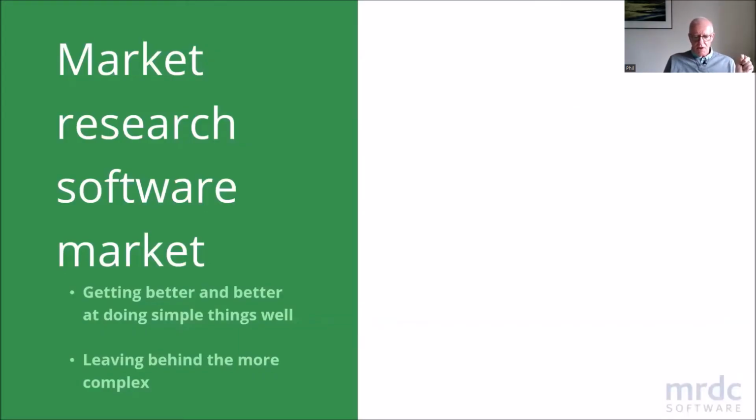So let's look at market research software. I mean, no doubt that it's getting better and better. There's a wider variety of products that are available now. And where it's getting better and better, I feel, is at doing simple things well. So that business, we used to do a lot of work manually, if you like.